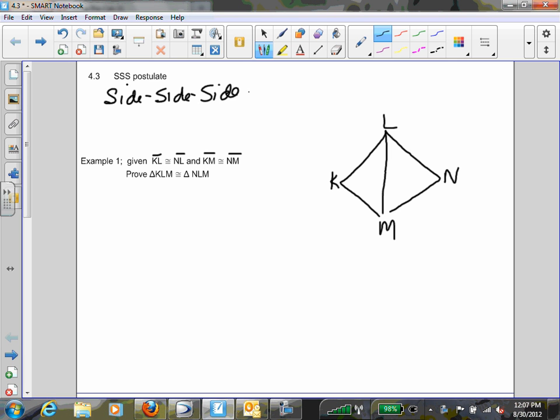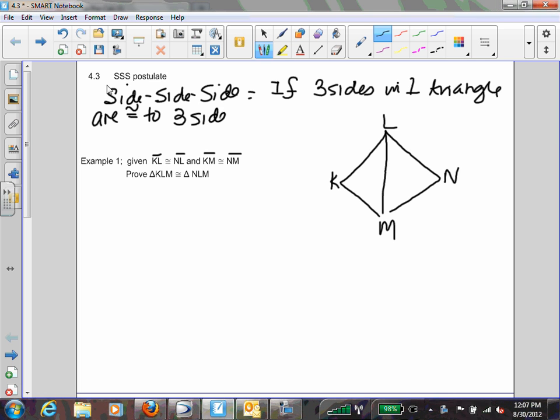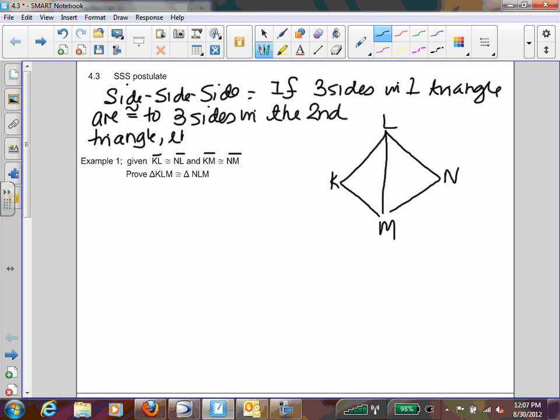And it says if 3 sides in one triangle are congruent to 3 sides in the second triangle, then the triangles are congruent.